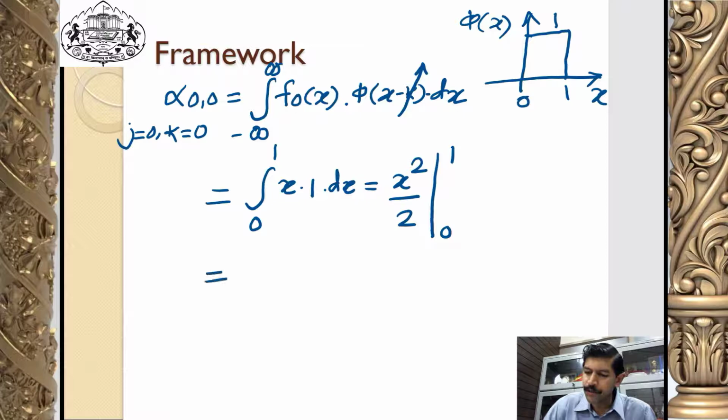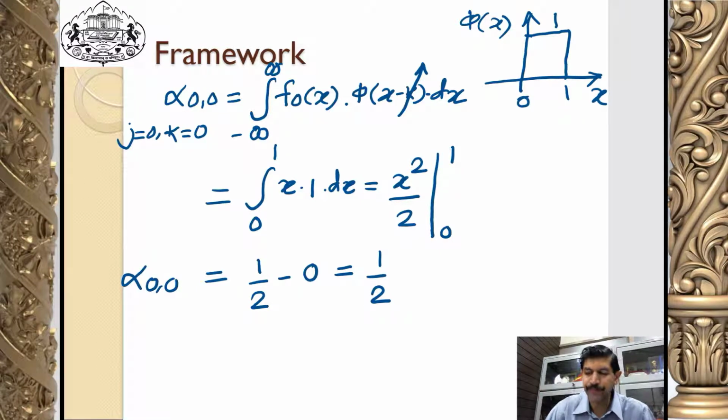If you put x is equal to 1, what we get is 1 square, which is 1, that is 1 by 2, minus, when you plug in x is equal to 0, you get 0 by 2, which is 0, and that's why the first alpha value that we get is half, which is alpha 0 0.